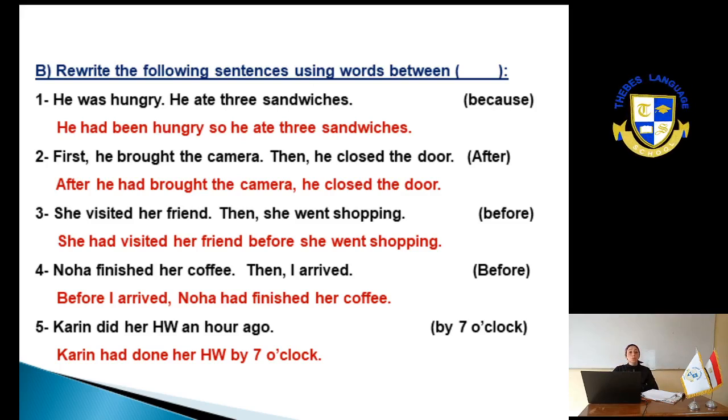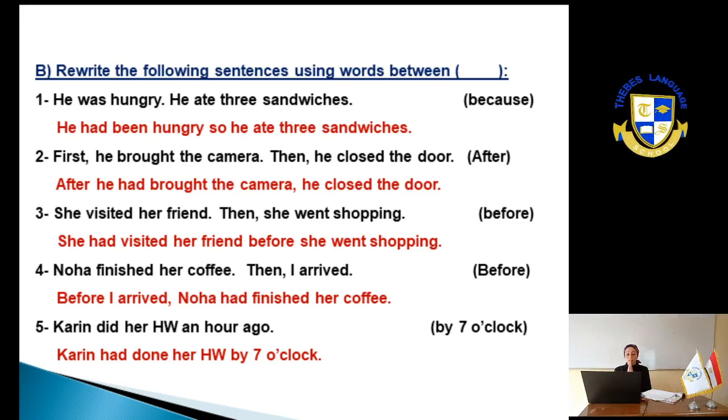And we wanted to put the word "after". Let's remember, after the word "after", we should write the first or second action? Of course, the first one. So, after he had brought the camera, he closed the door.